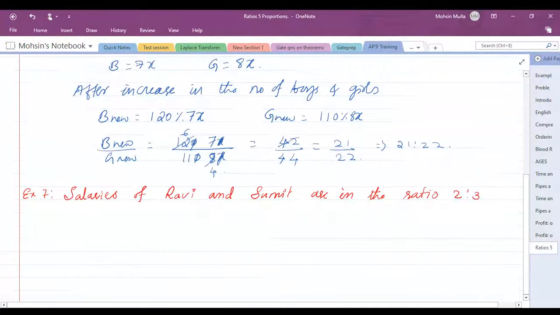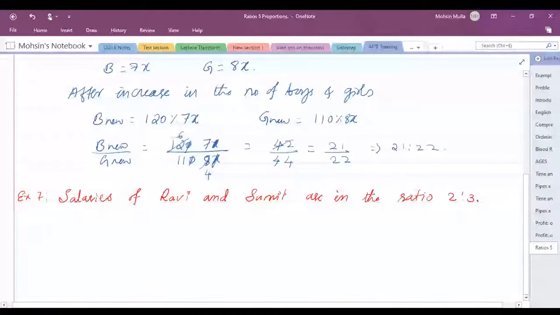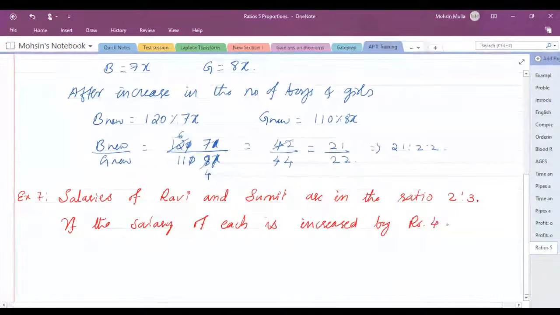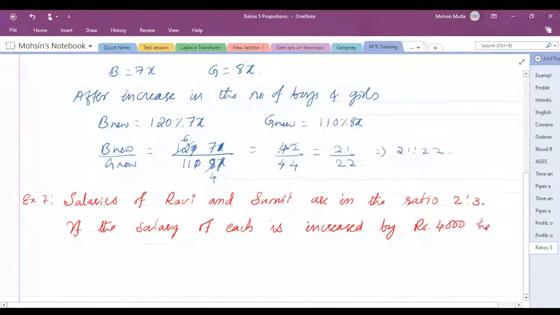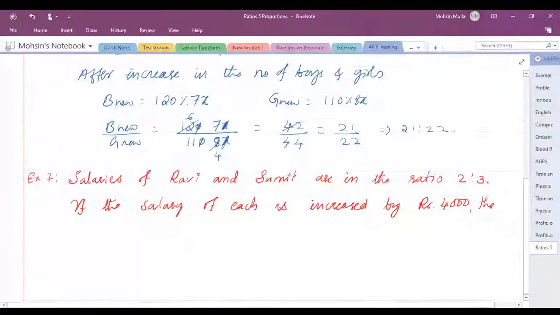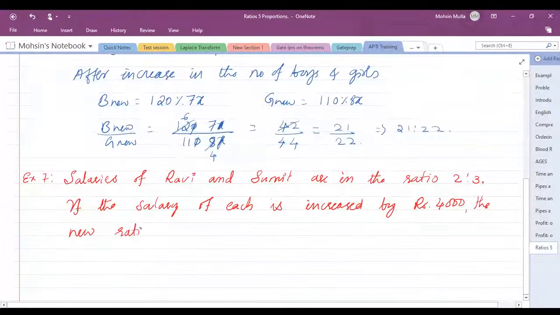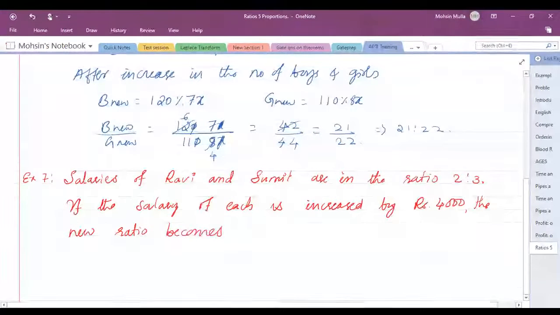If the salary of each is increased by rupees 4,000, the new ratio becomes 40:57. What is Sumit's salary?